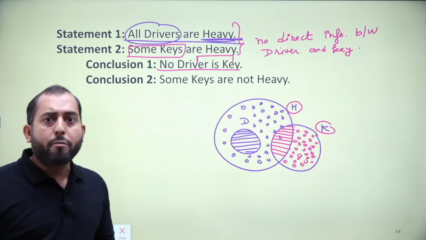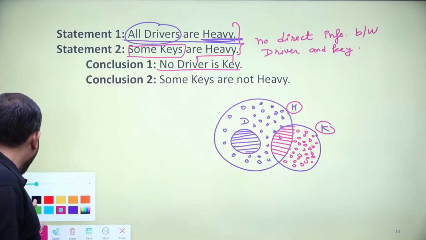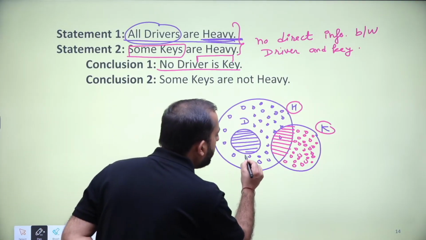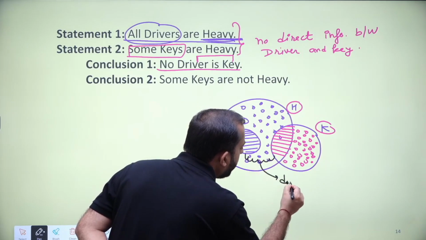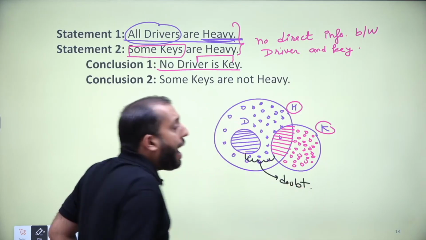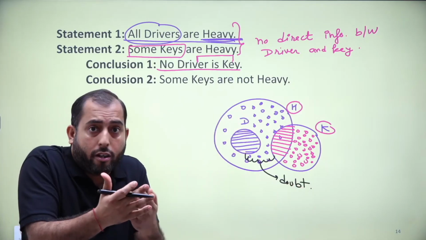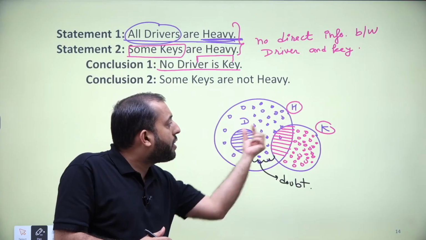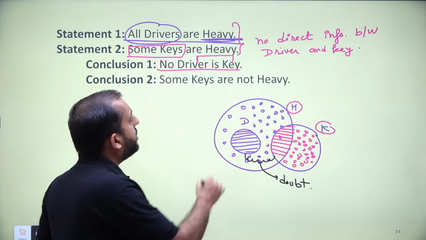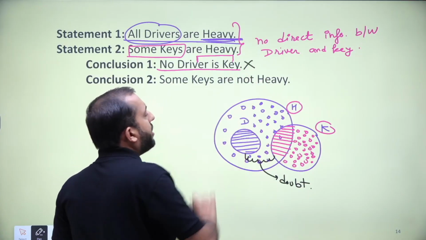In this case, we draw a doubt line. So there will be a doubt line between driver and key, and whenever we have a doubt between driver and key, we do not know what kind of relationship they will have. That is why conclusion 1 is not valid.